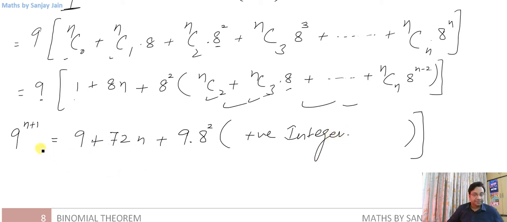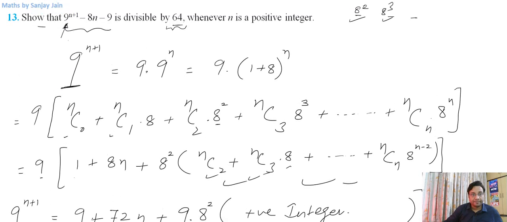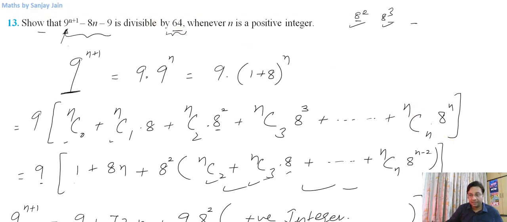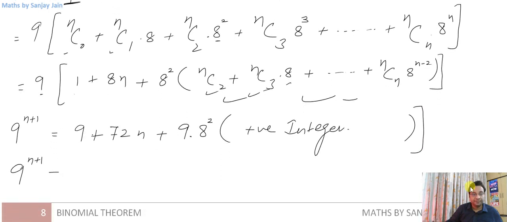And now let us look at it. The expression on the left hand side, or the expression in the question, was 9 raised to power n plus 1 minus 8n minus 9. So let us try to bring this expression here, minus 8n minus 9.